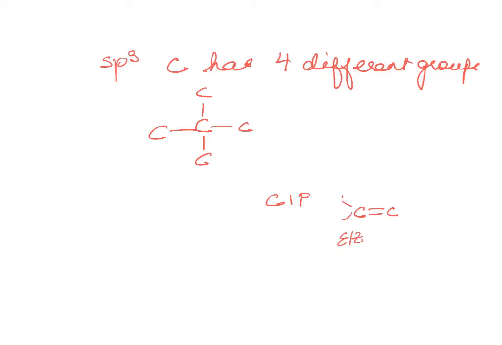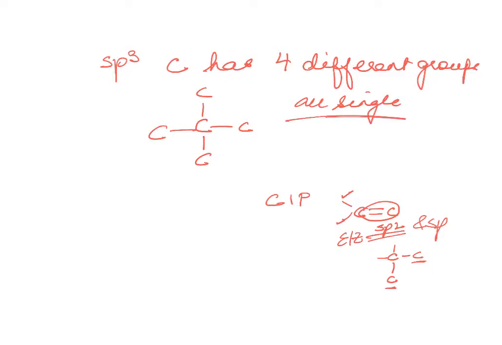When you're comparing the priority groups, the moment it's something sp2 hybridized, it would mean that you're going to be counting it twice. And so what you would have here and here is going to be exactly the same, which is why things like sp2 or sp would not work. You need all single bonds, and you need four different groups to be present.